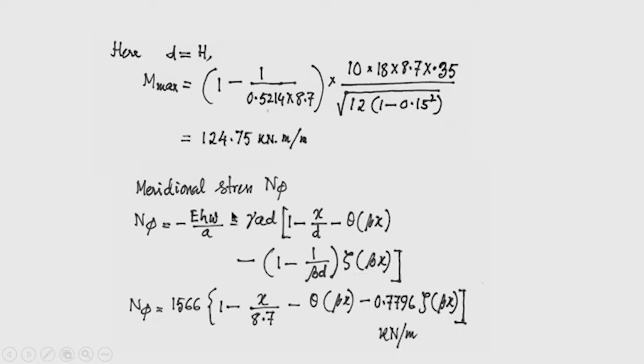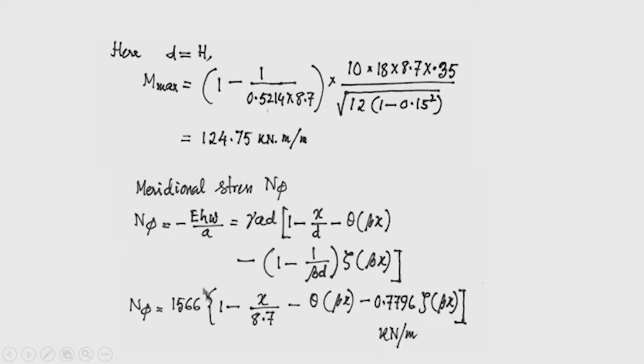After substituting the numerical values, expressing the force unit in kilonewton and length unit in meter, we now get N phi as 1566 into (1 minus x by 8.7) minus theta beta x minus 0.7796 times the function xi beta x, and its unit is kilonewton per meter.